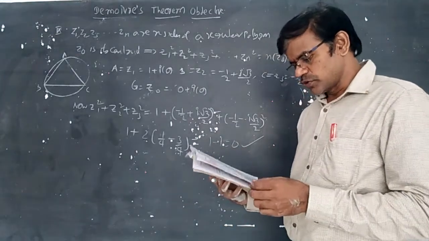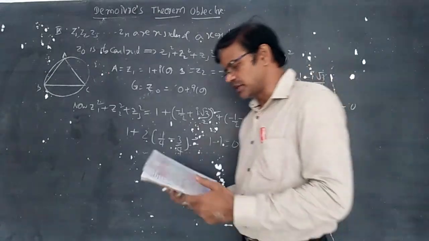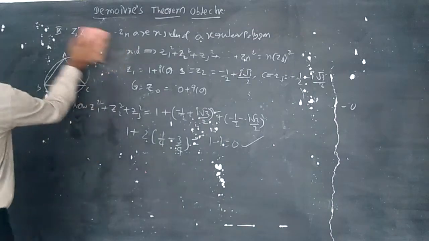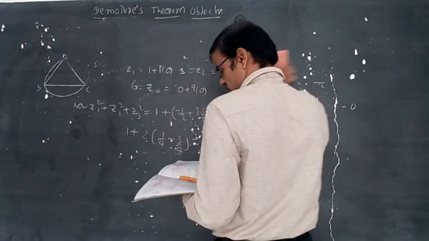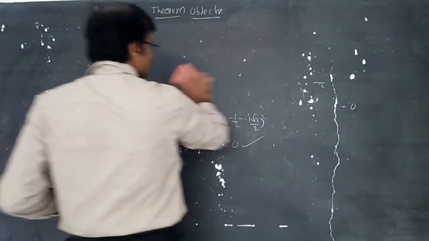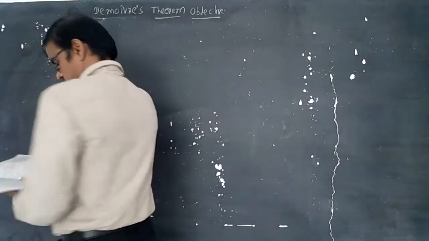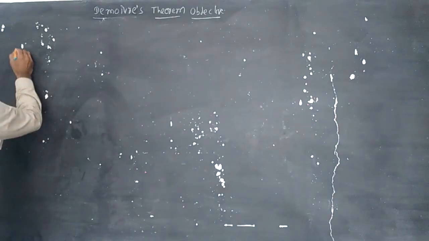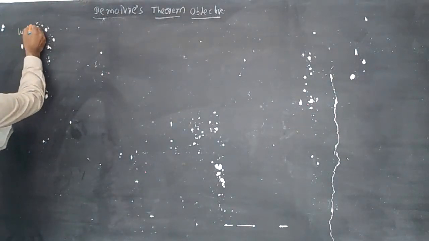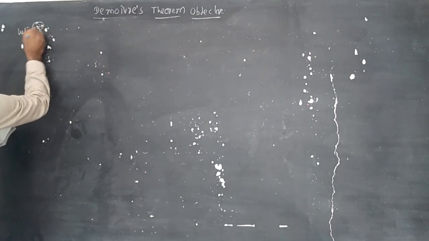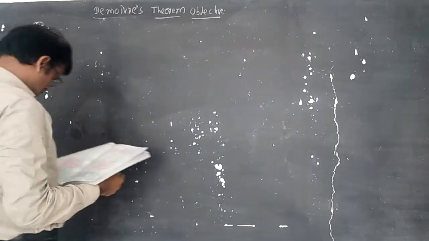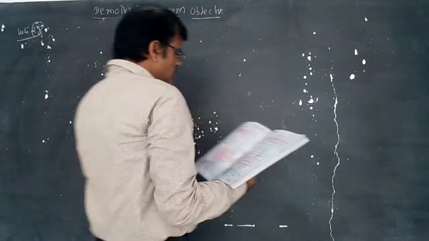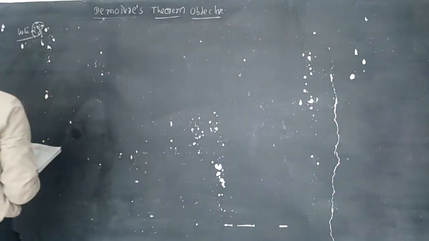Now let us discuss worked example 28. If alpha is an nth root of unity, find the sum of the series.